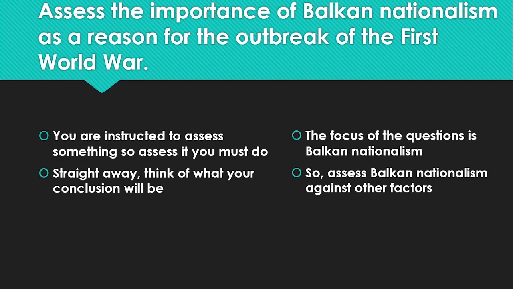Then you can assess it against other factors. German foreign policy, the alliance system, and so on. It's always the same culprits. The question might change, but the history doesn't.